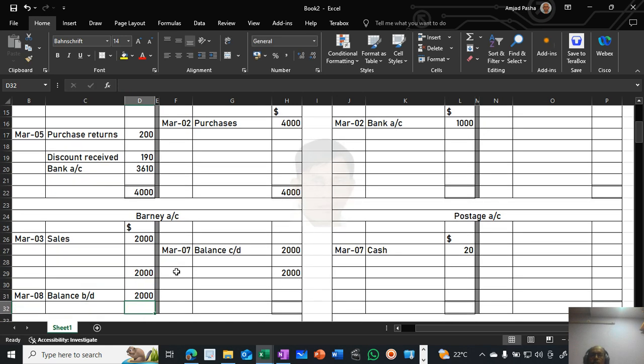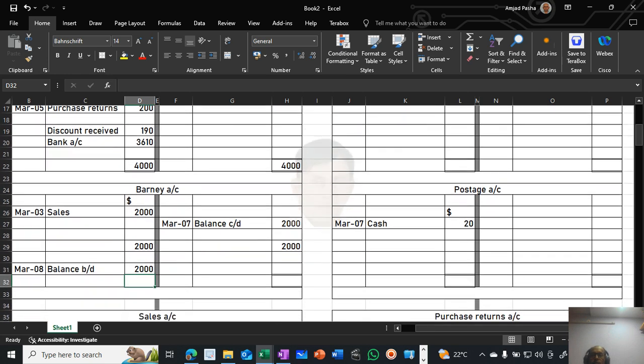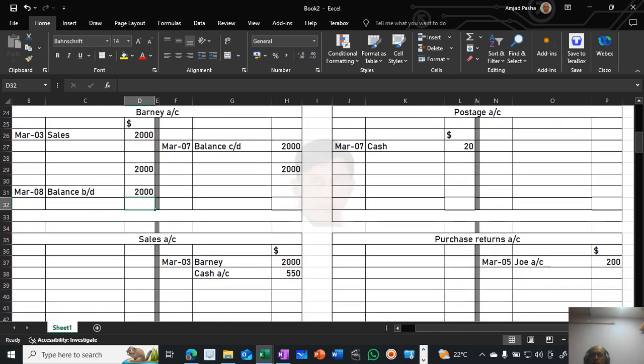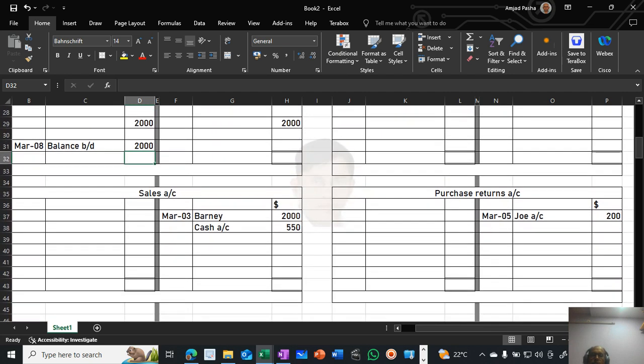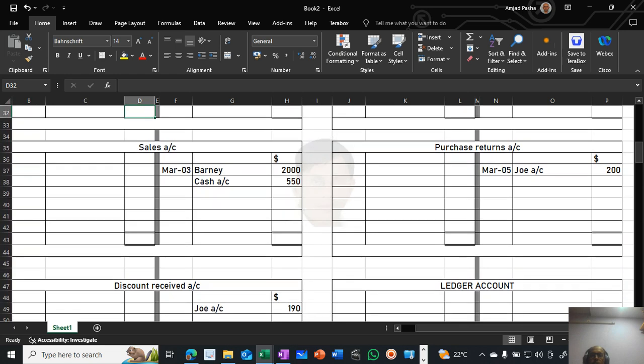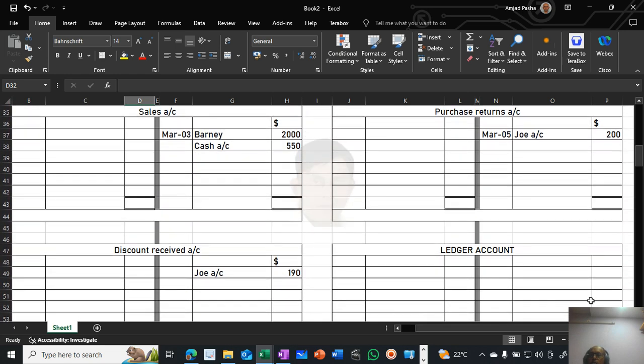The postage account is not balanced. It is a nominal account, directly transferred to the trial balance. The sales account is directly taken to the trial balance. There is no question of balancing. Purchase returns you should not balance either; just take it directly to the trial balance. Discount received is also taken directly to the trial balance.